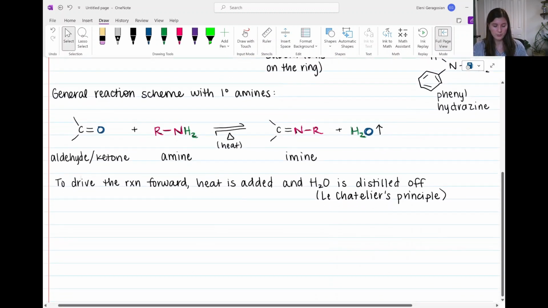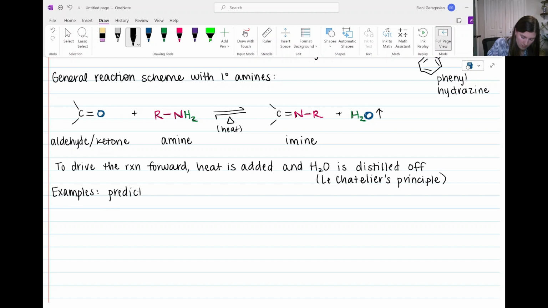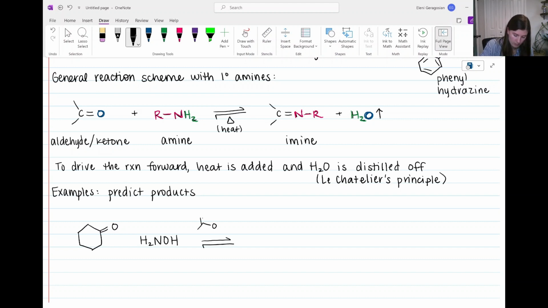So let's go through a couple of examples where we'll just predict the product. Now you see I'm adding acetic acid here.